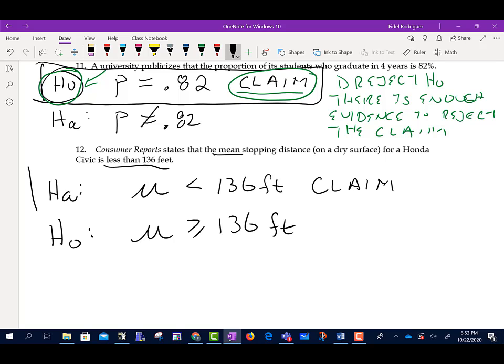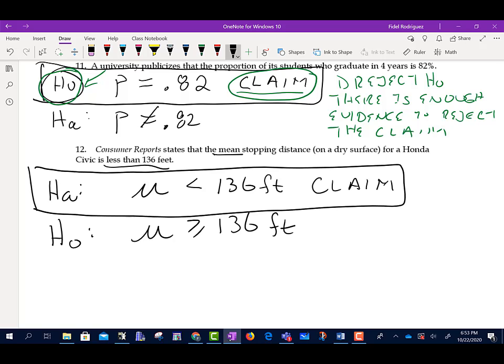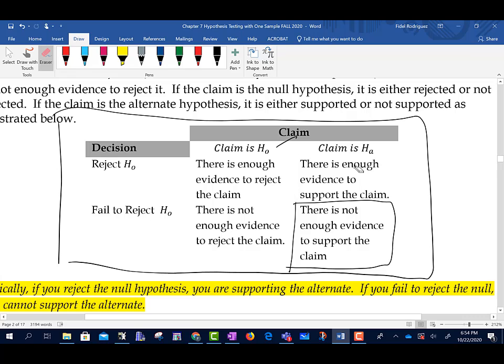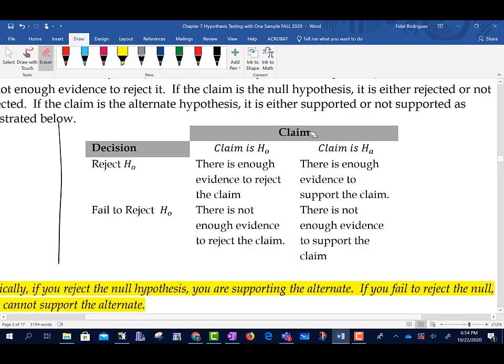Okay, so first thing I want to mention, my claim happens to be my alternate hypothesis, okay? But the one we're going to reject or fail to reject is always going to be the null, okay? And the reason why I want to mention that here is, let me get my eraser and clean up some of this mess, and I'll do it again just so we can see what's happening.